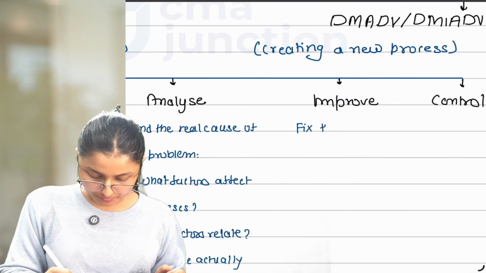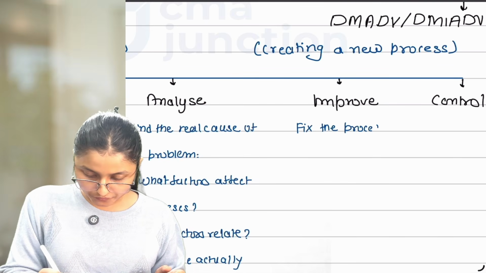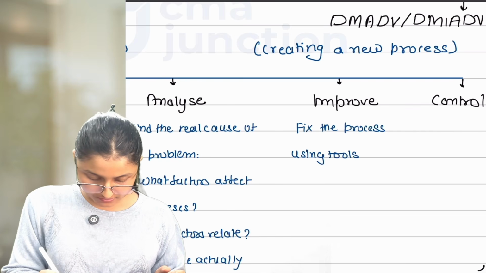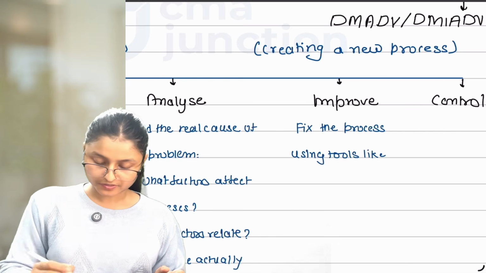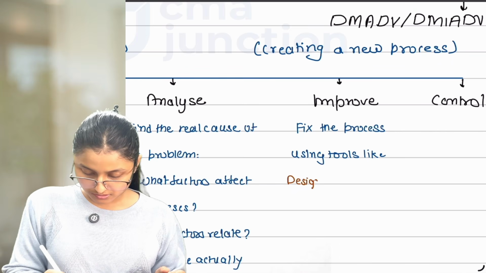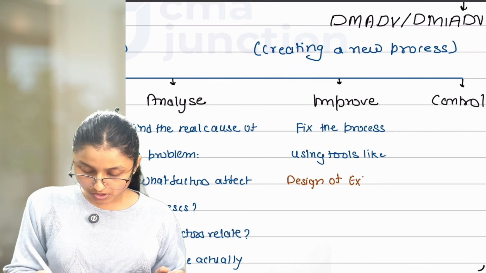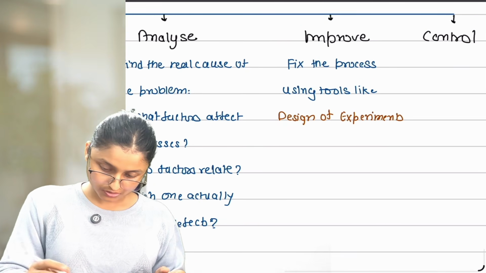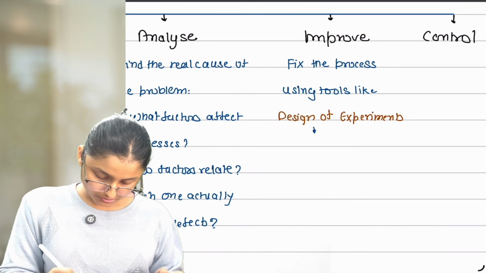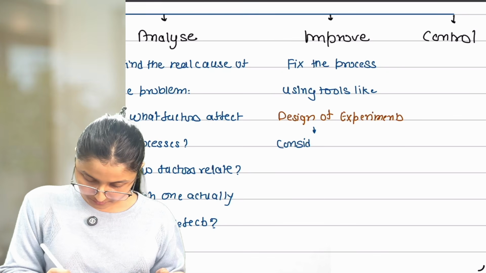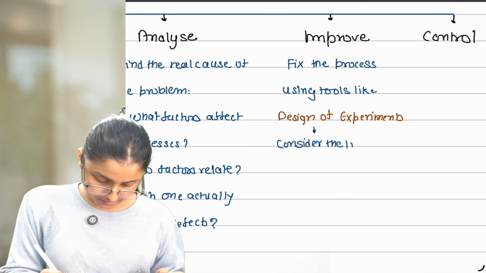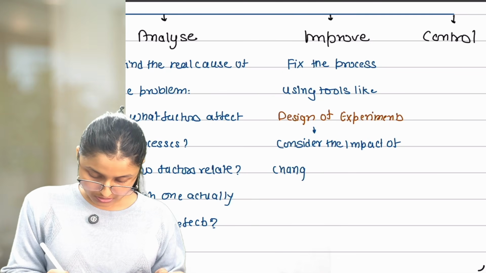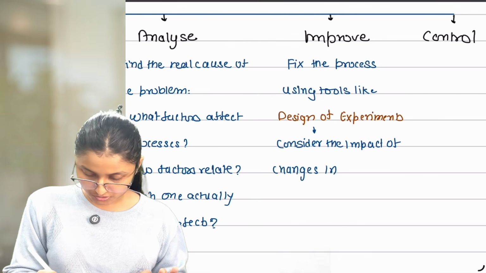Fix the process. How to fix your process? Using tools like design of experiments. What is design of experiments all about? It's used for finding the best solution. It considers the impact of changes in different factors together.